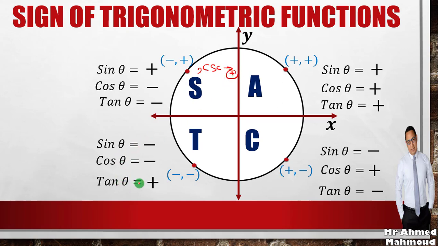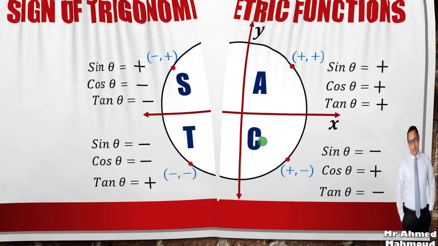Here, tan is positive and cotan. Here, cosine is positive and sec. So here all of them are positive. Here, sine and cosec, tan and cotan, cosine and sec. Okay, now let's study the next question.